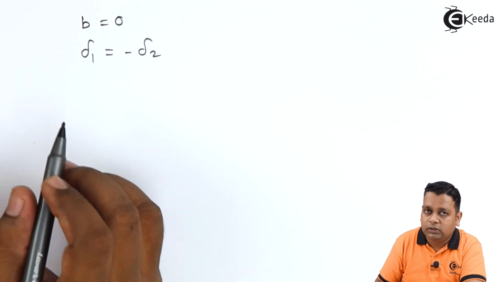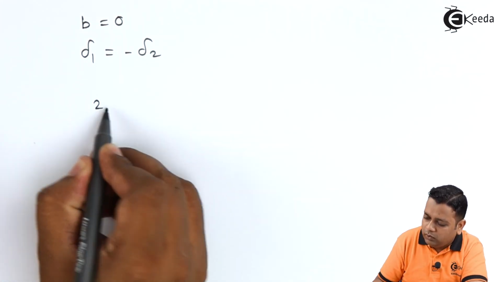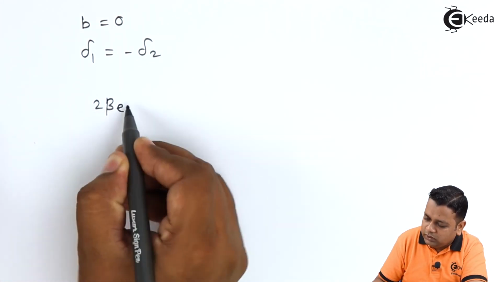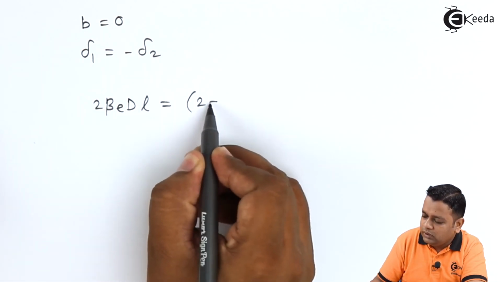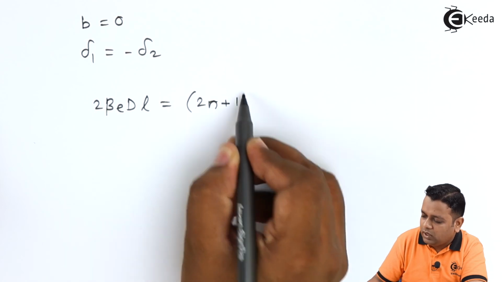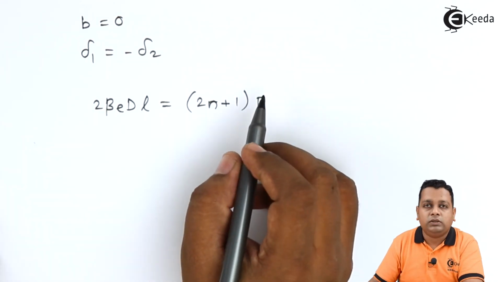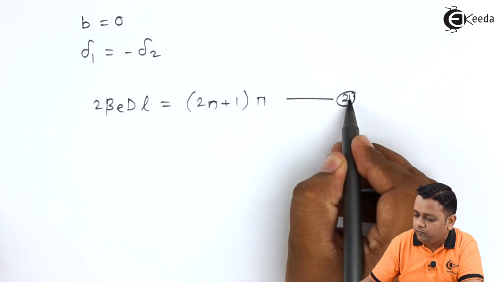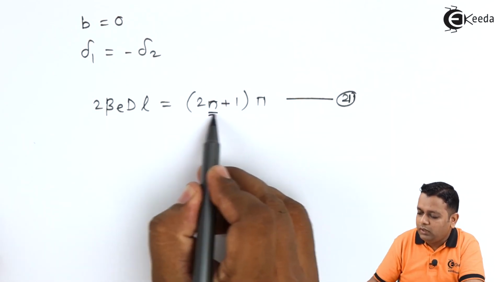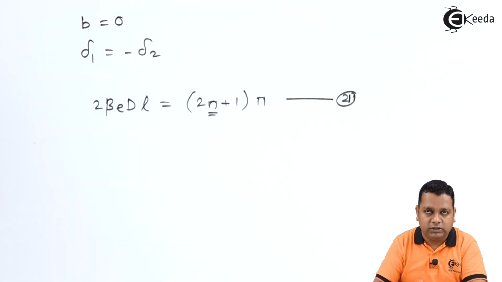Therefore the condition for the equation becomes twice beta suffix e into capital D into L equal to twice small n plus 1 times pi here. So in this equation, which we number equation number 21, this small n can be any integer here.